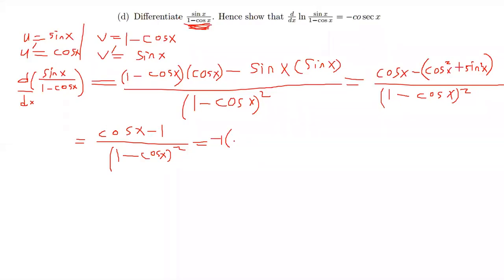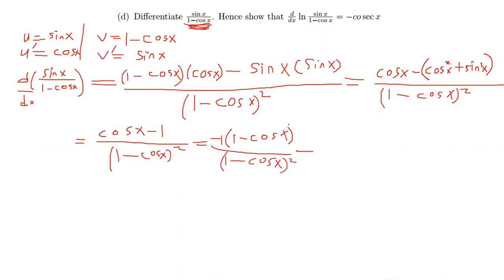So I'm going to have negative 1 minus cos x, then everything divided by 1 minus cos x in brackets, and then squared.